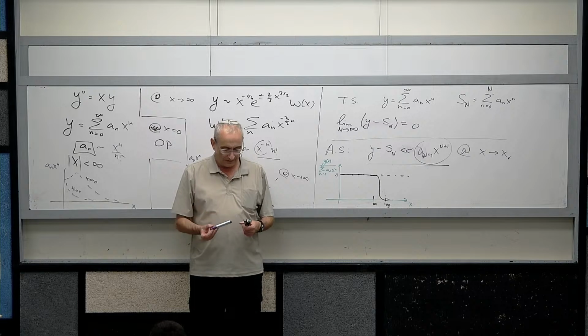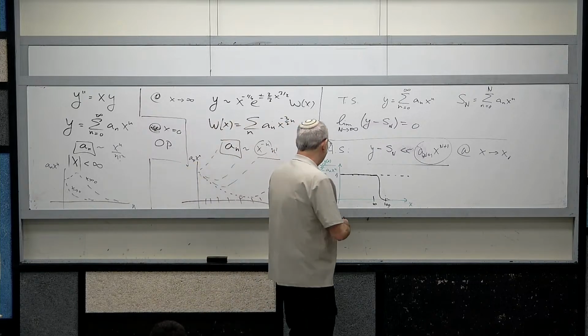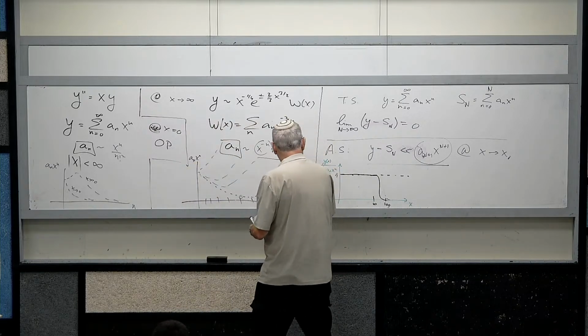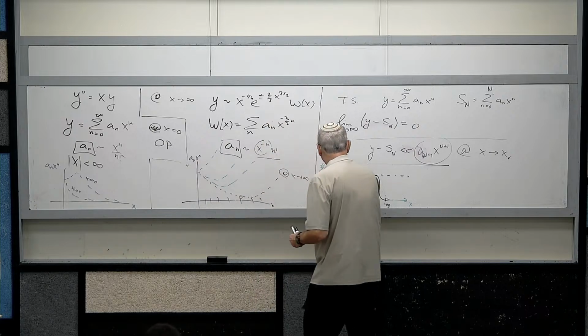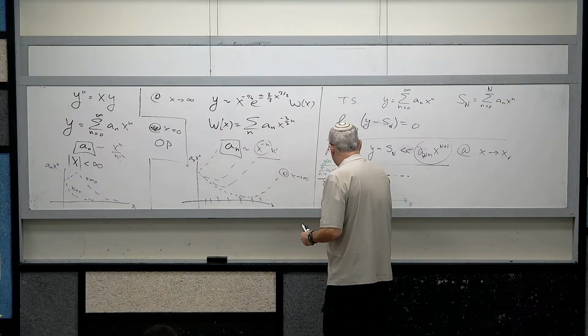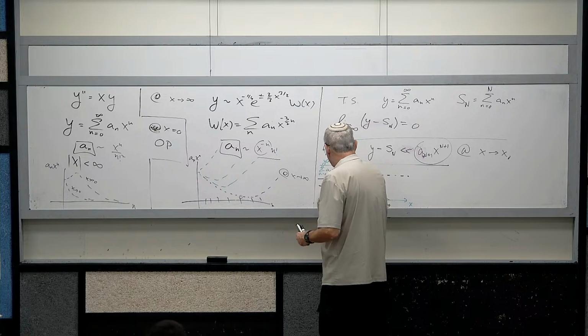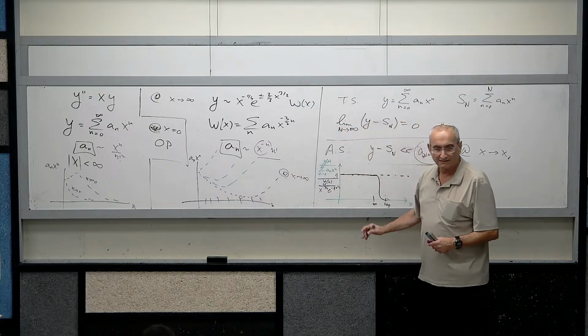On the other hand, now let's plot something else. Let's plot y of x divided by x to the minus 1/4 e to the minus 2/3 x to the 3/2. So what is that?